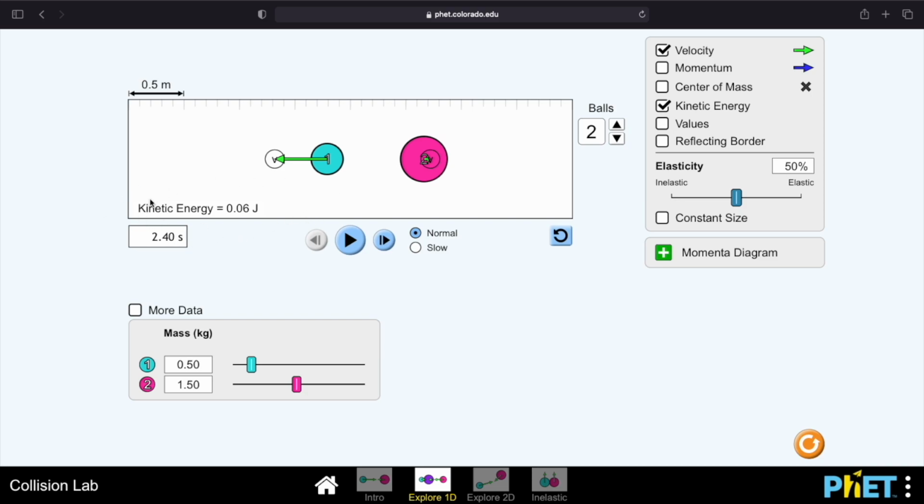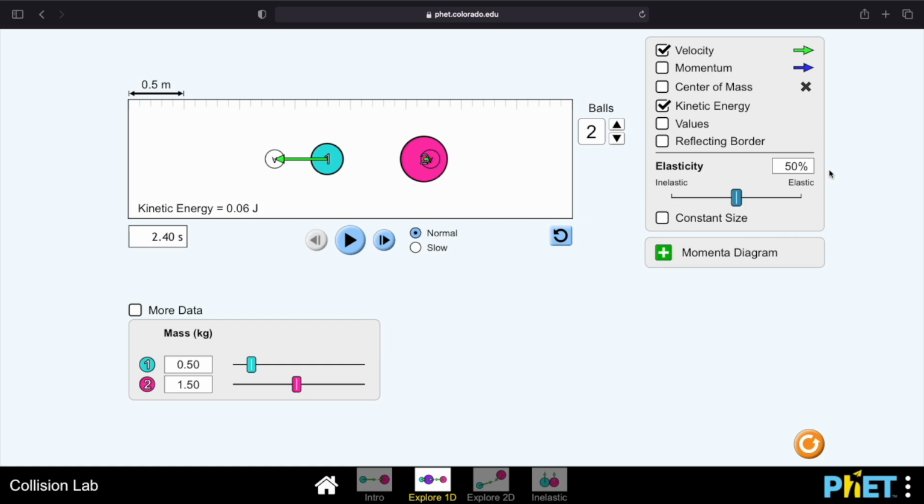has decreased. Which means if the elasticity of collision is 100%, then the kinetic energy before and after the collision will remain unchanged.